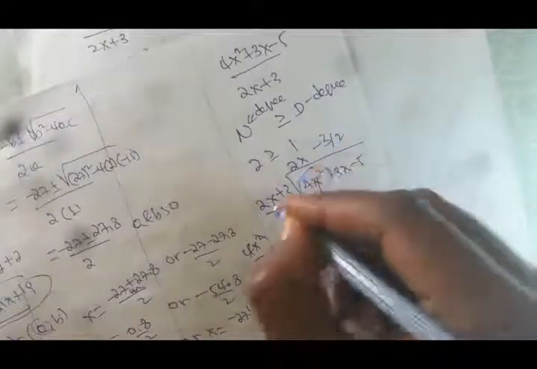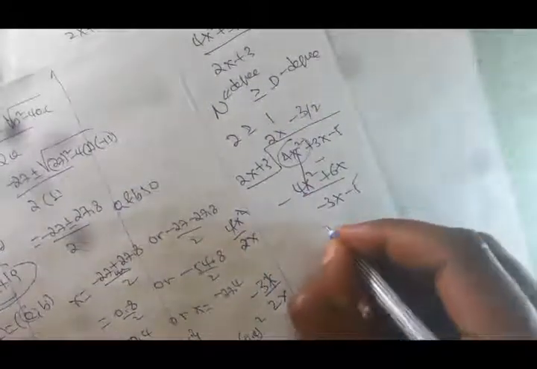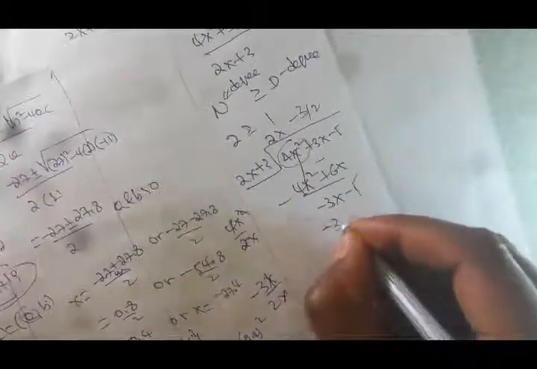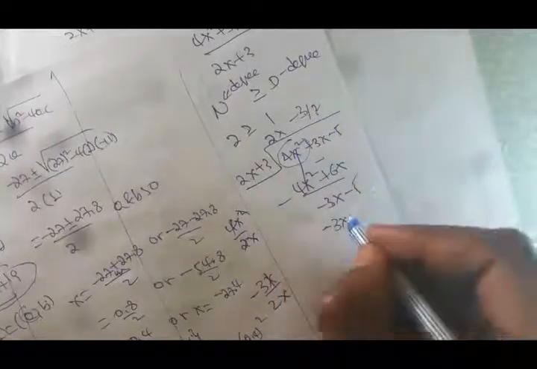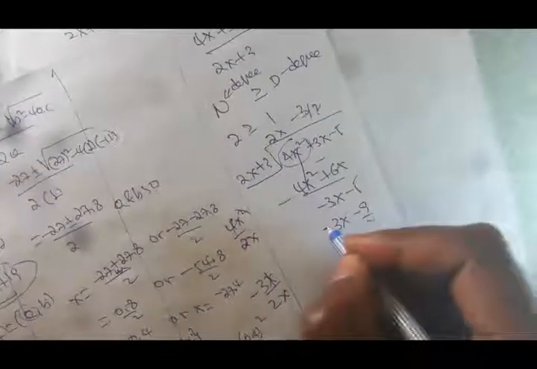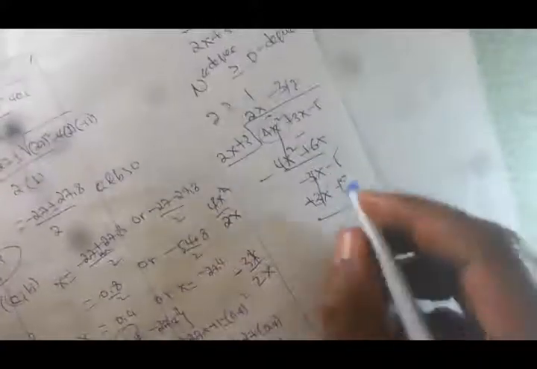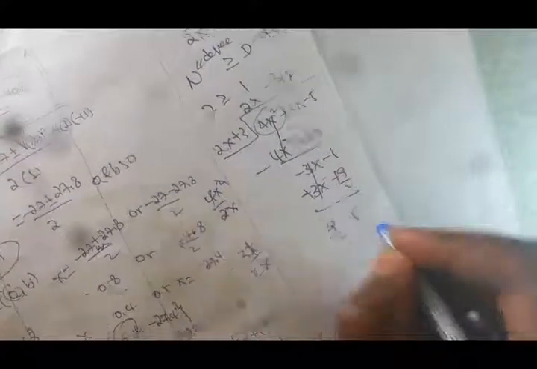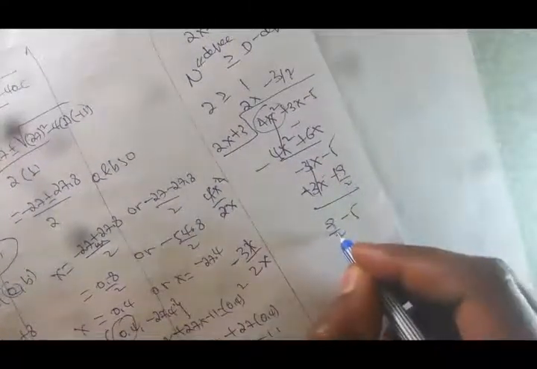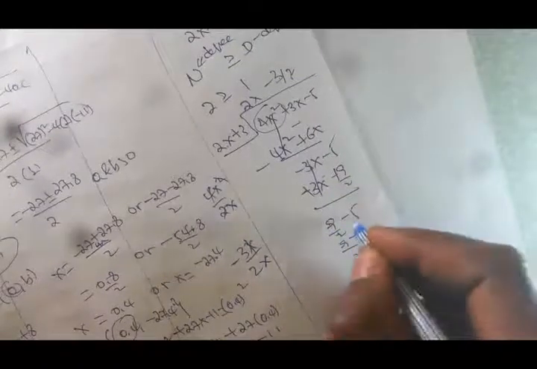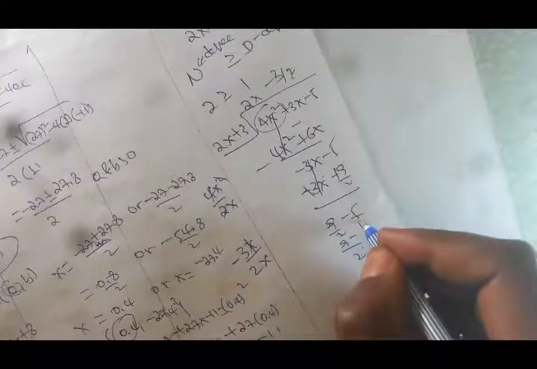When this is multiplied by this, minus 3x left, and minus 9 over 2. Therefore, positive, this will be cancelled and 9 over 2 minus 5, common denominator 2, 9 minus 10, minus 1 over 2.